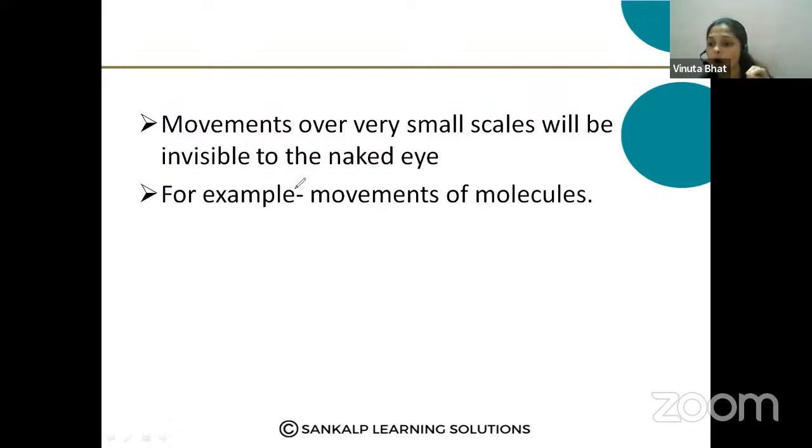Yes, very good, somebody is saying movement. Yes, you can observe that movement inside the body of organisms. These small scale movements are also responsible for deciding whether something is living or non-living. I hope this point is clear.